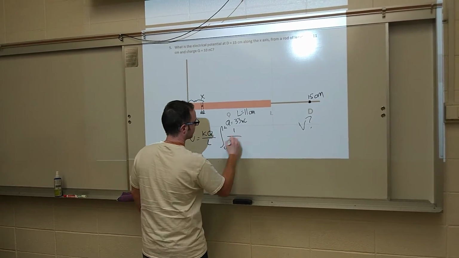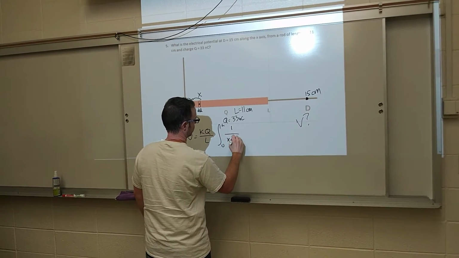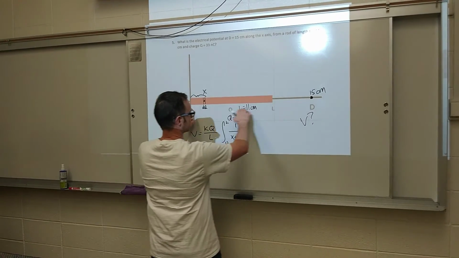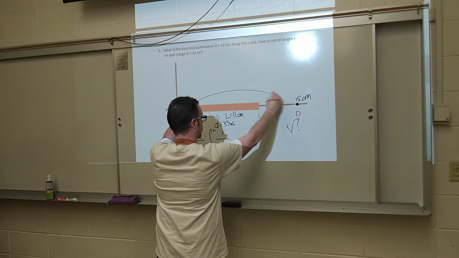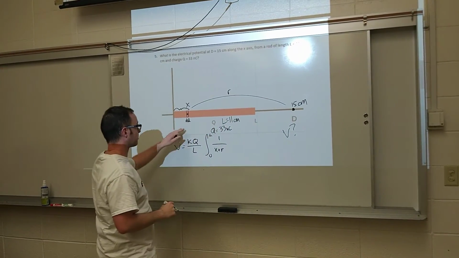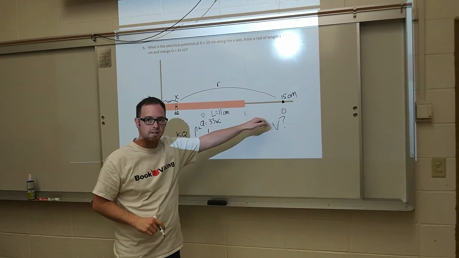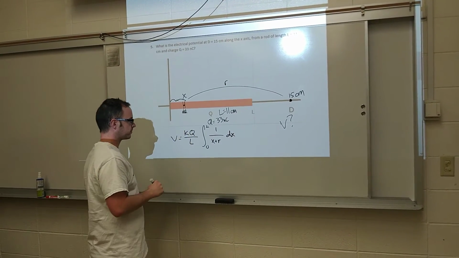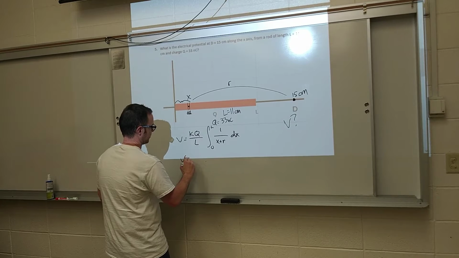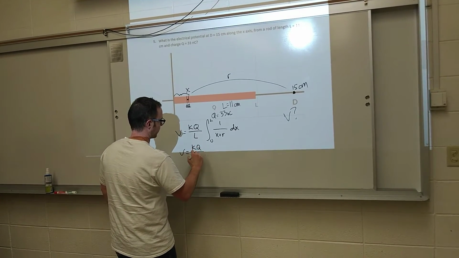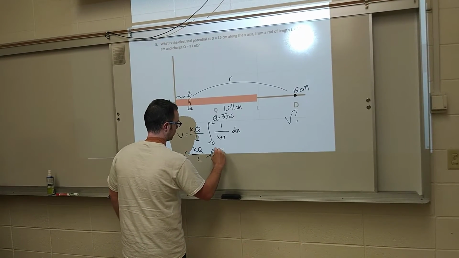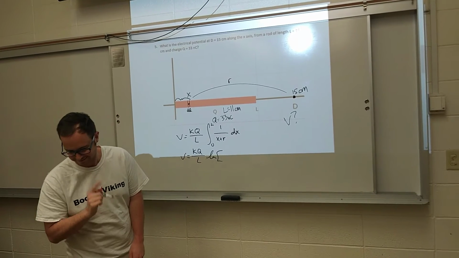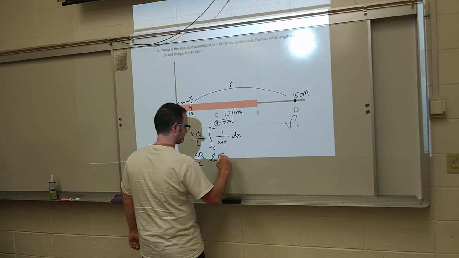So we're going to set this up as x plus r, because here's x, r is going to be this length right there, from dq all the way to d. We're going to integrate that with respect to x, and we come up with kq over l, natural log of r plus l over r.